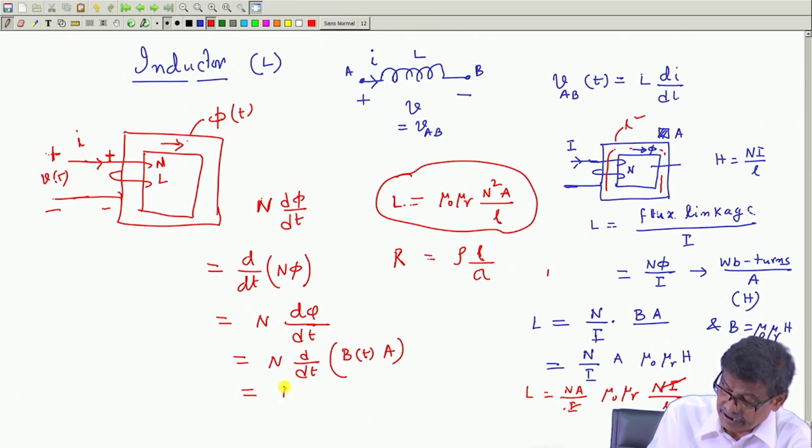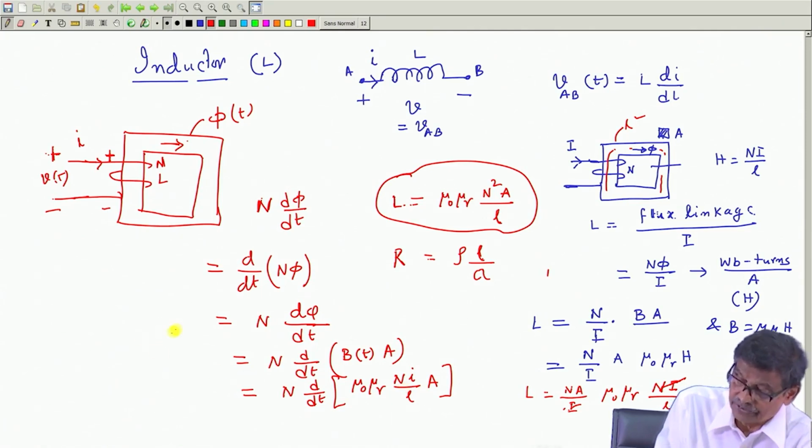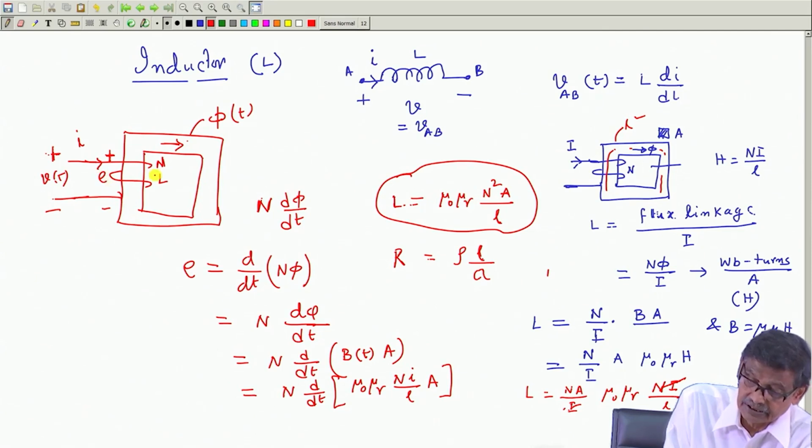Then you write n d/dt of B, where B is mu 0 mu r into H, and H is n I by L. If you take out all the constants, this is the induced voltage across the coil.